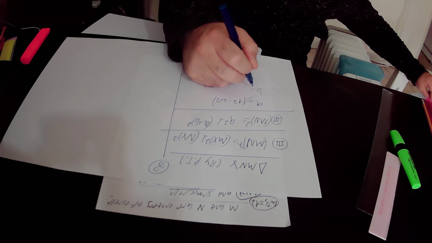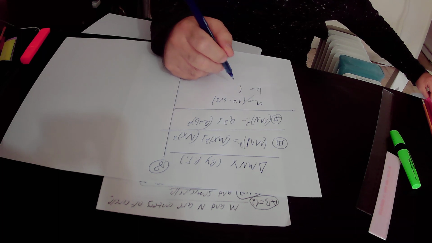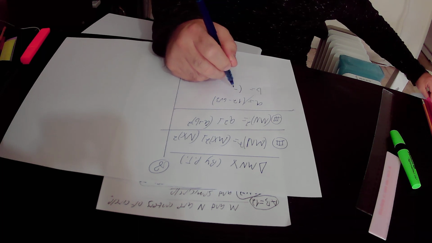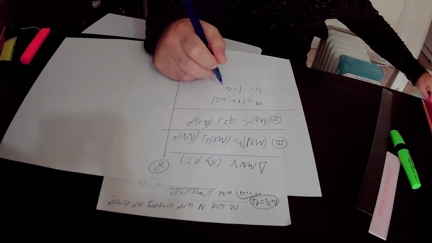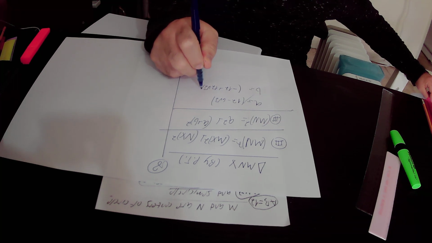B equals minus 12 plus 12 times square root of 2.